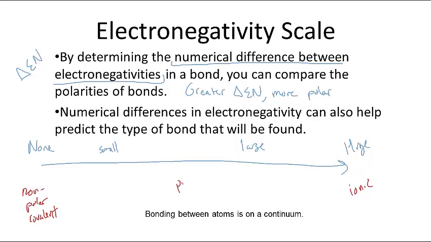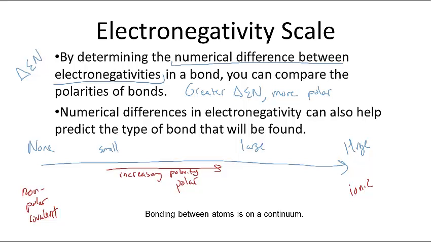So we have polar here in the middle and increasing polarity as we go across. So atoms that have a very small difference in electronegativity might make a molecule that's slightly polar or a bond that's slightly polar. But as we go across, it becomes more and more polar in terms of the difference in electronegativity between the two.